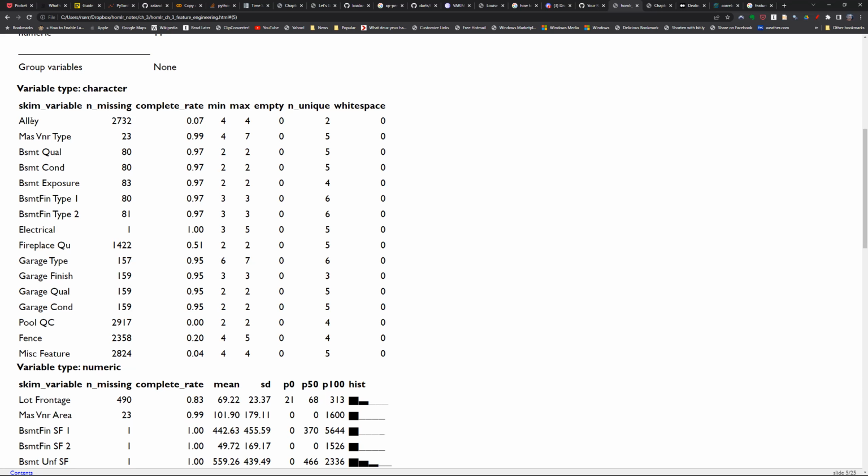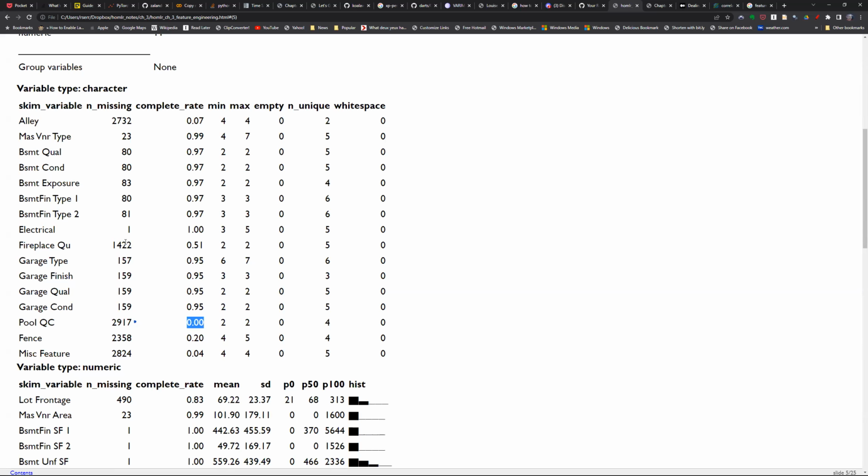For example, a variable called Alley, a variable called pool QC, fence, miscellaneous feature, that have quite a number of missing values. In fact, pool QC, from 2,930 observations, it has 2,917. In other words, it only has 13 observations that have something there in that variable. So the complete rate is almost 0.